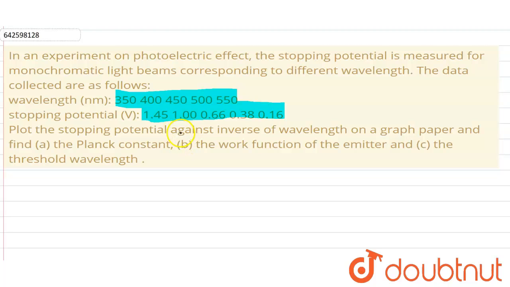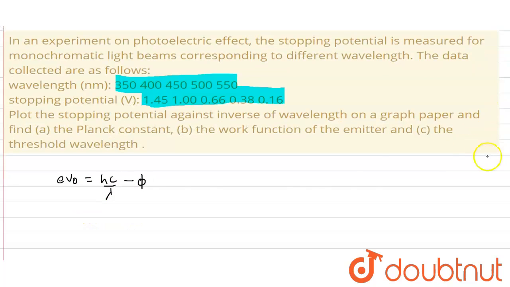Okay, now we know the relation between the stopping potential and the maximum kinetic energy of the photoelectrons is given as e times V naught equals hc by lambda minus phi. Correct? Where V naught is the stopping potential, phi is the work function. Okay, now we have to plot the graph between the stopping potential and inverse of the wavelength.